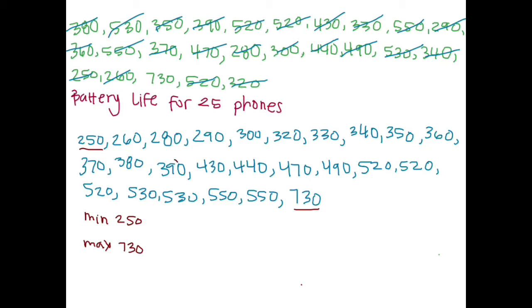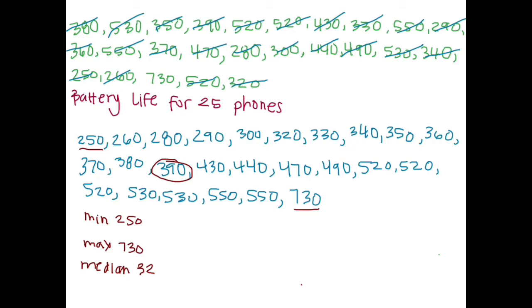That middle number, 390, should be the middle. Let's count and make sure it's 13 down from the top. 1, 2, 3, 4, 5, 6, 7, 8, 9, 10, 11, 12, 13. So my median is 390.